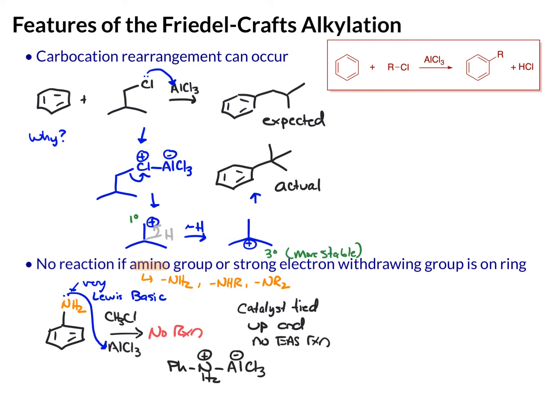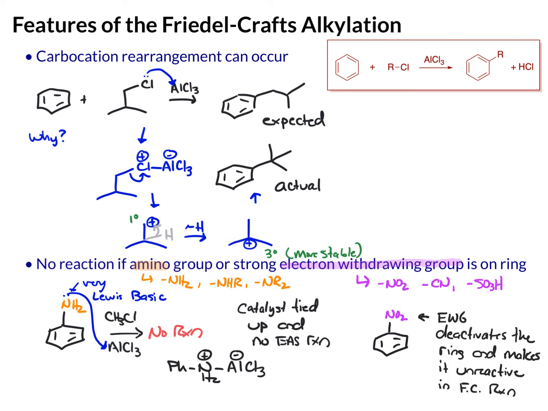The other problematic groups are strong electron withdrawing groups. We're going to talk about in a lot more detail how to identify strong electron withdrawing groups. But these are things like a nitro group, a CN group, SO3H, things like that. If you have one of those on the ring, what we're going to learn later on is that these groups deactivate the ring, meaning they make it less reactive.